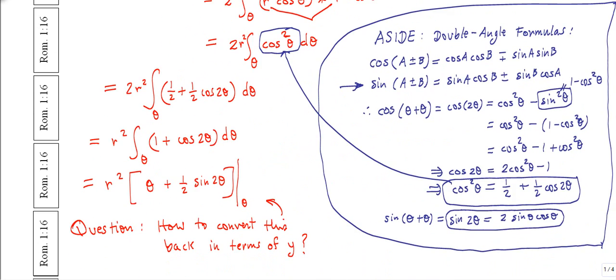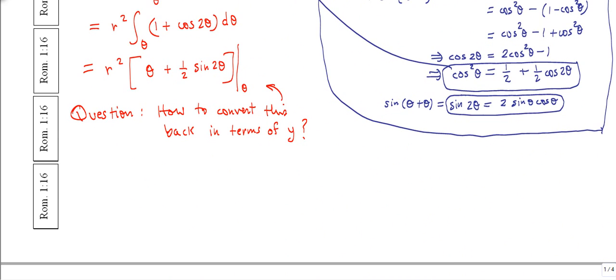Remember that? So since y equals r sine of theta, then of course solving for sine of theta in terms of y, we find that it's y over r, and the picture on this is a right triangle, such that for this angle theta, the sine of theta is opposite over hypotenuse.